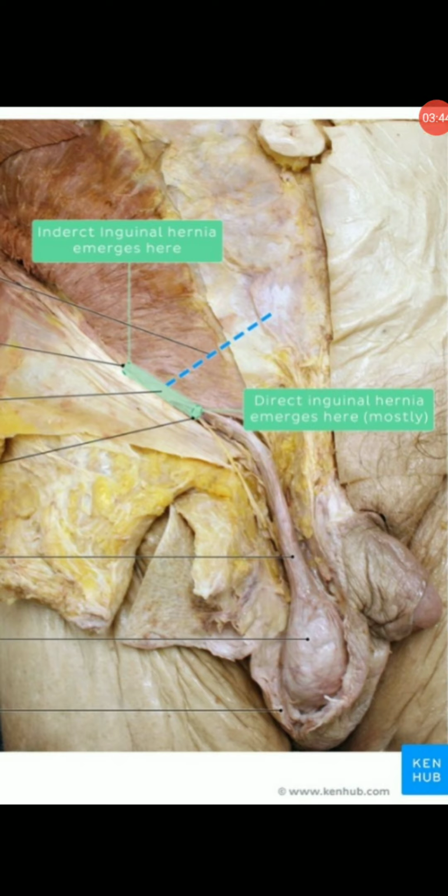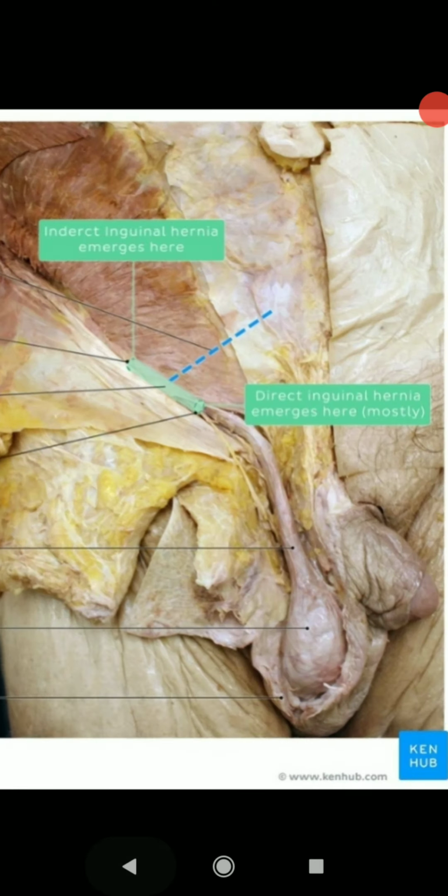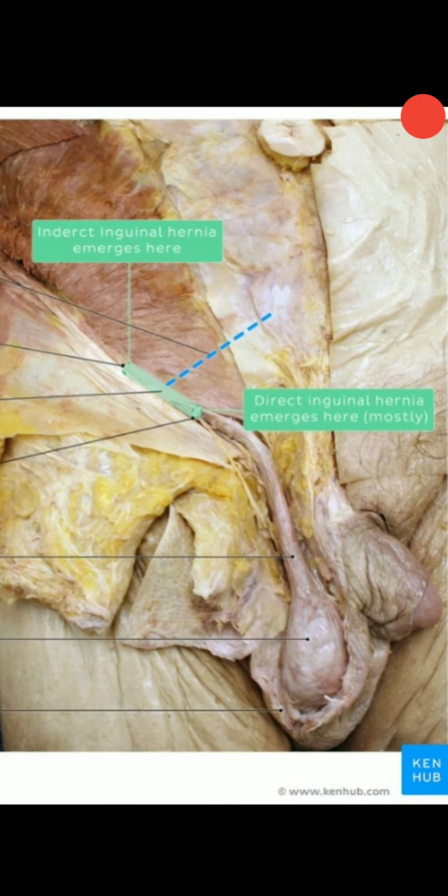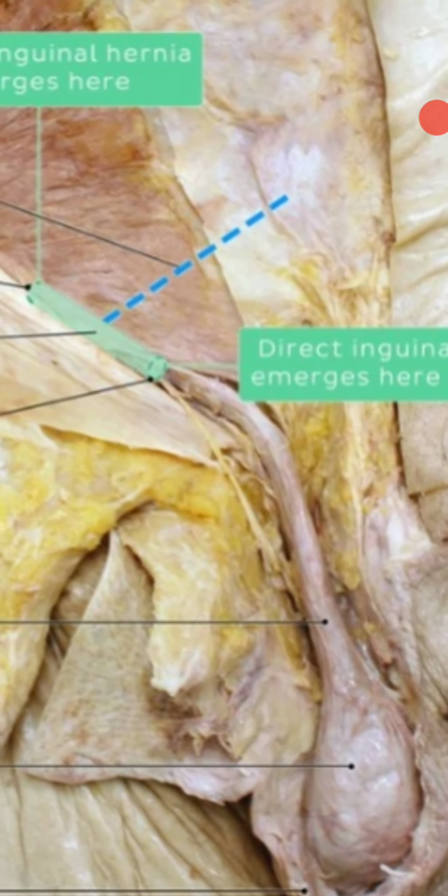So that's the content. Just in this picture, this is a male body, male cadaver. You can see the greenish part is the inguinal canal. The most greenish part is showing the inguinal canal, and from the inguinal canal, look at that, one cord-like structure arising.